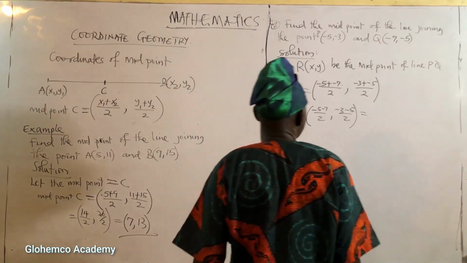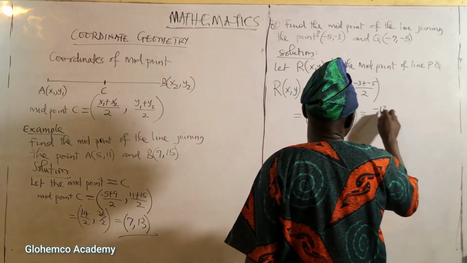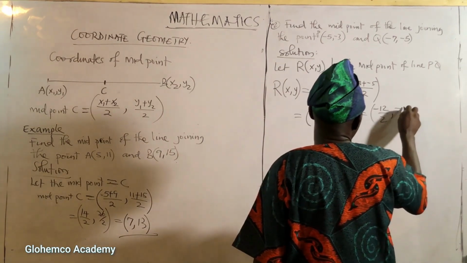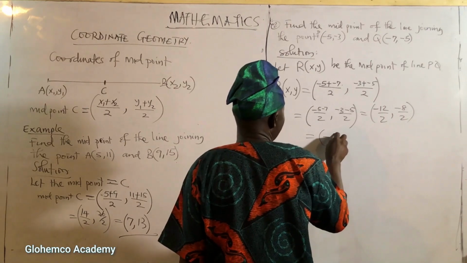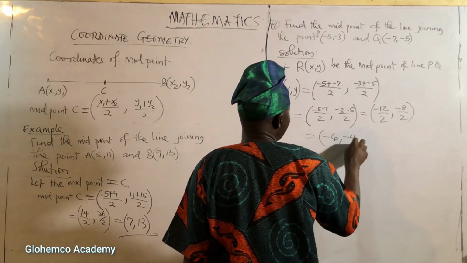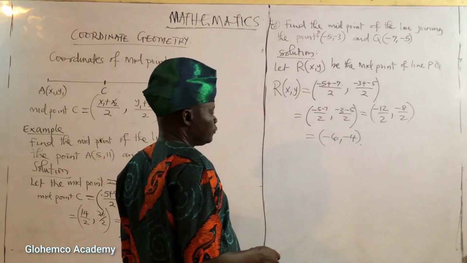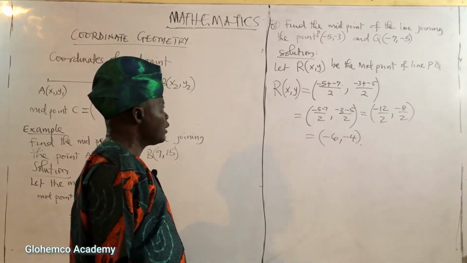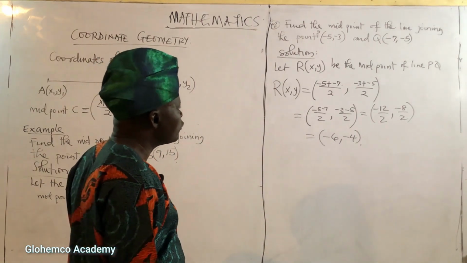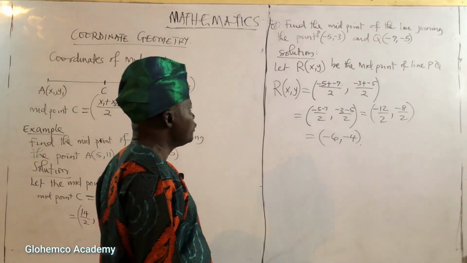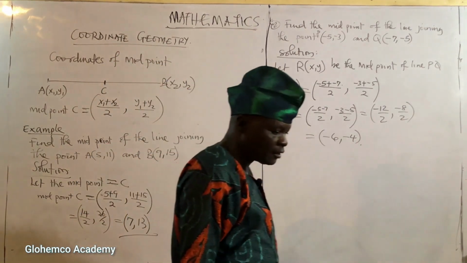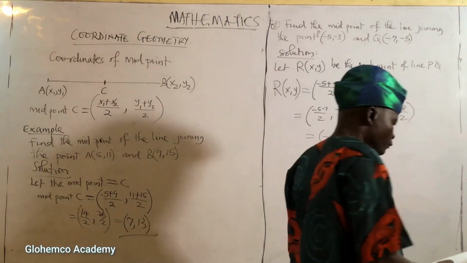This gives us -12 over 2 and -8 over 2, which gives us -6 and -4. That means the midpoint of line PQ will be (-6, -4).